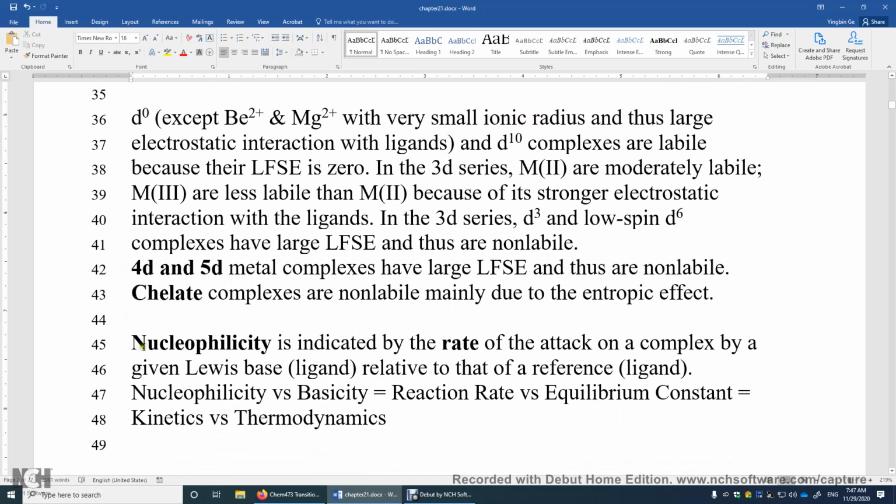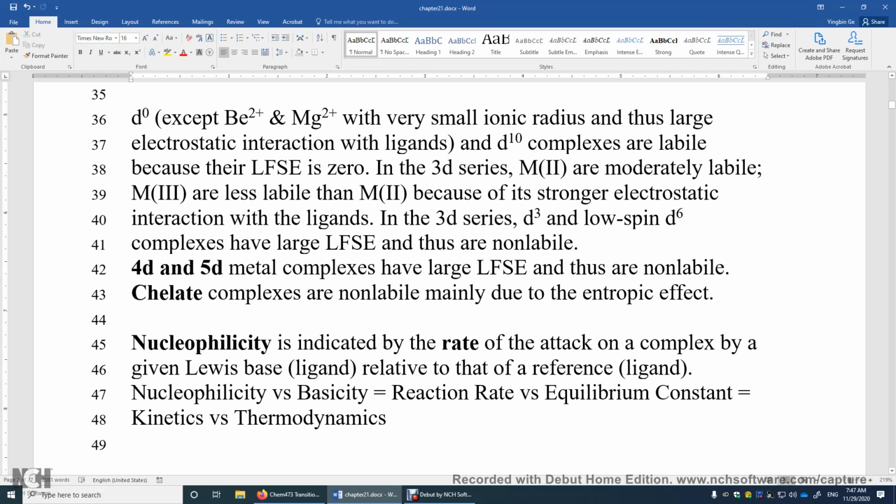Now, a definition for nucleophilicity. Nucleophilicity is the rate of the attack on a complex by a given Lewis base. Actually, it's going to be a ligand relative to that of a reference. The reference is also a ligand.